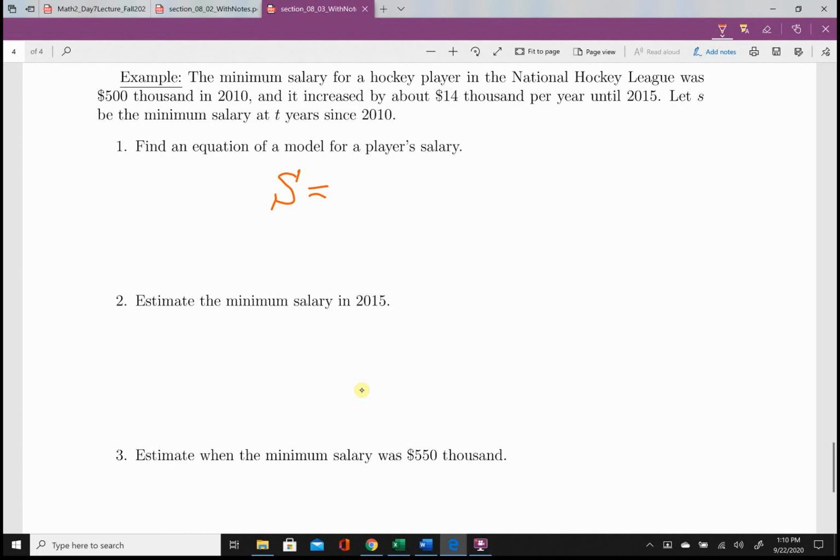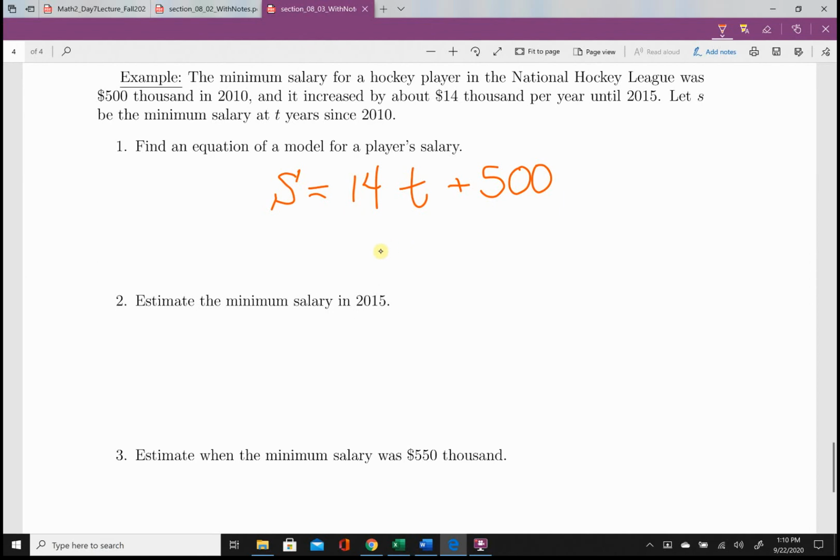If we have a 14,000 increase per year, a positive 14 is going to be the multiplier on the T. And then also the minimum salary, that's your starting place. You need to have that to begin with, so that's your fixed value, also known as your y-intercept, or in this case your S-intercept, because the vertical axis is associated with the variable S. How did I come up with that so quickly? Well, it's really a matter of experience.